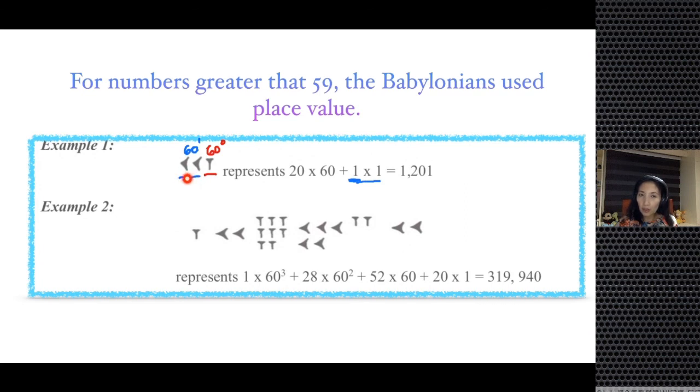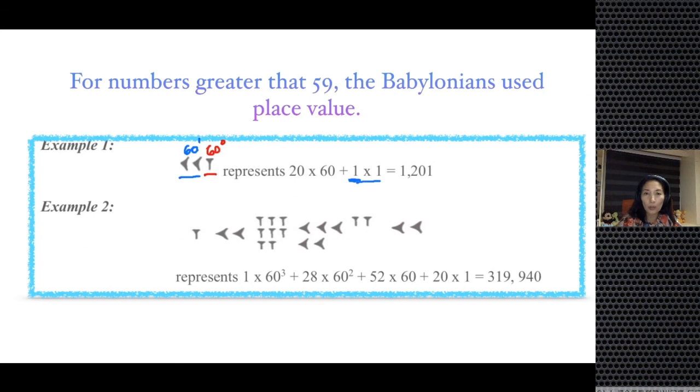The 2 horizontal wedges is equal to 20. Multiply it to the next power of 60, which is 60 raised to 1. Therefore, in our current number system, this is equal to 1,201.